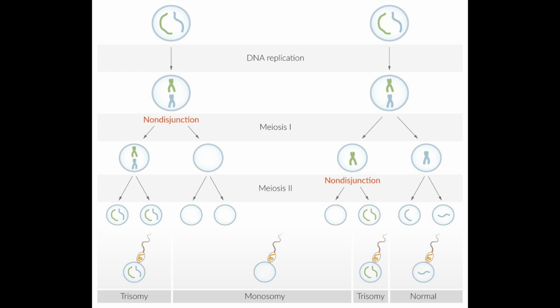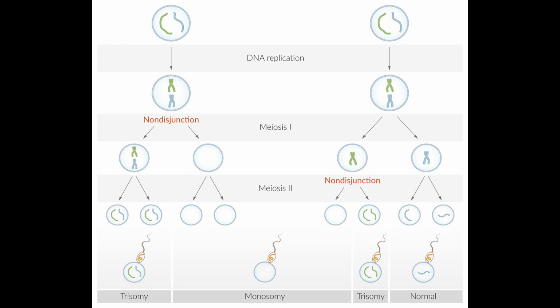Each parent cell is supposed to pass along an equal amount of DNA or genes or chromosomes to each daughter cell. But unfortunately, during non-disjunction, one daughter cell ends up getting both copies of the chromosome, whereas the other daughter cell gets none.